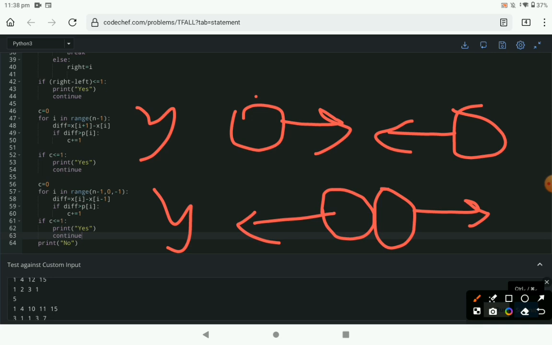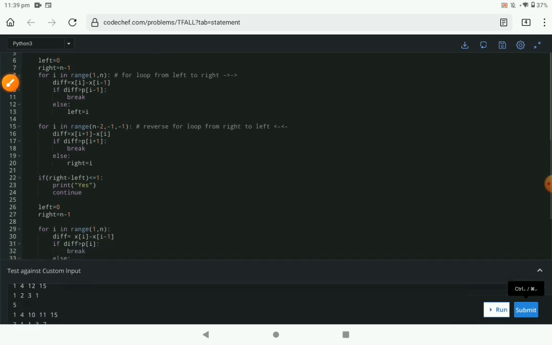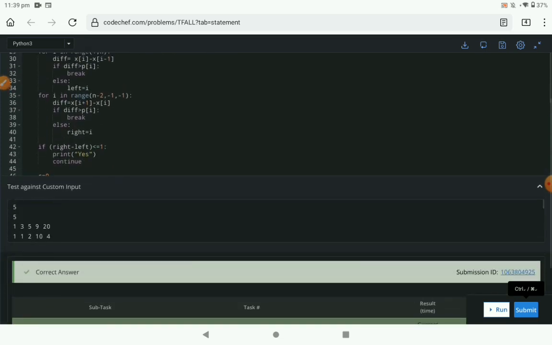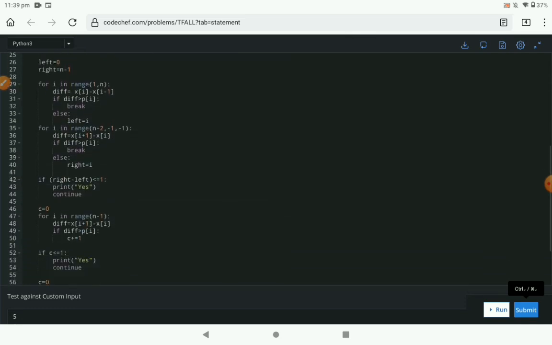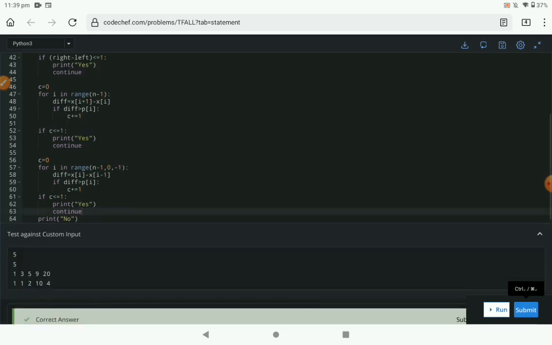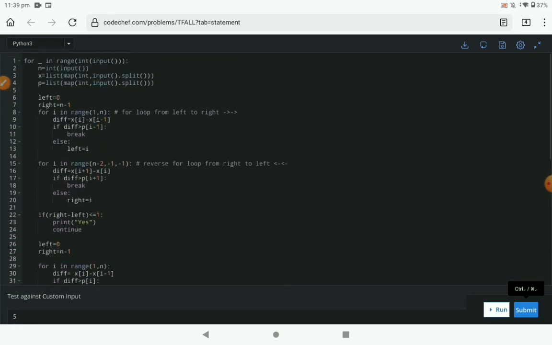So basically this is our basic approach, and it will check all the test cases, and you can see the code also accordingly. If you have any doubt, you can ask me in the comment section. Please comment about the explanation also. So thank you very much.